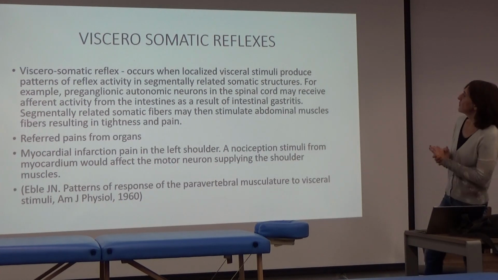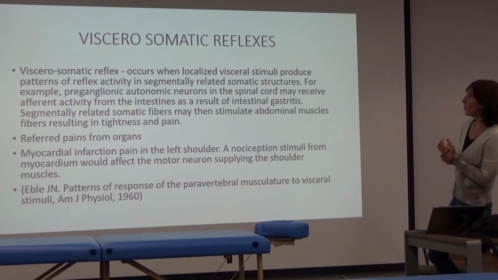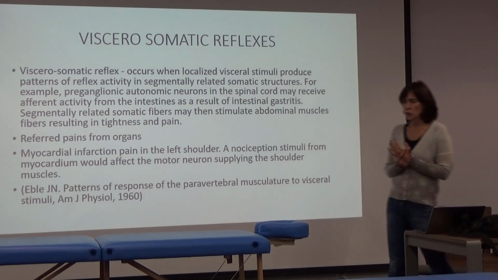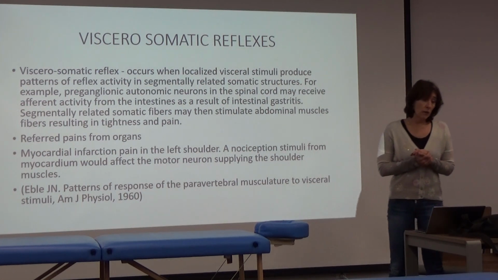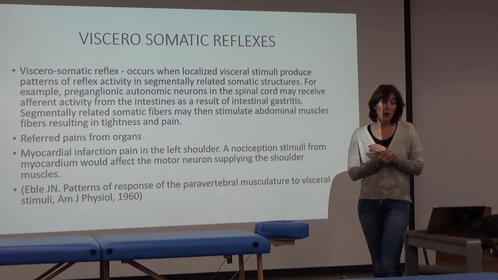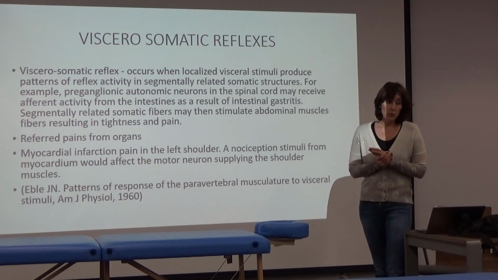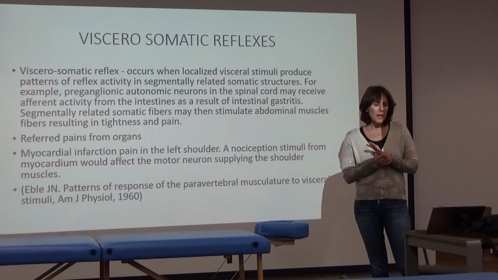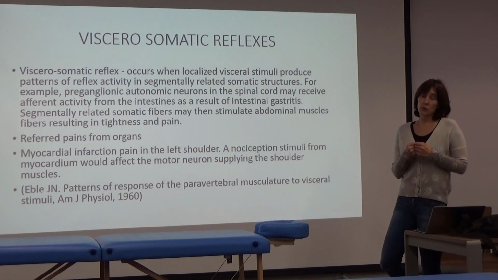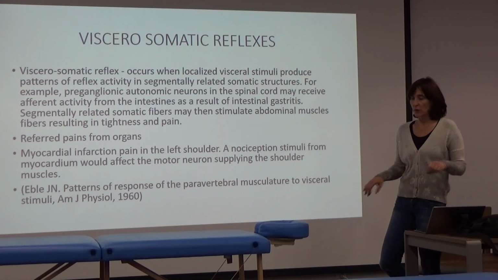Then visceral somatic reflexes, it's when the stimulus from the viscera affects the muscles, so from organs to muscles, and actually that was shown very well at the end of the 19th century by a great Russian researcher, Sechenov, when he was extracting the stomach from dogs, he noticed that their pectoralis muscles were really, really weak, and the dog couldn't stand properly, it was falling down.